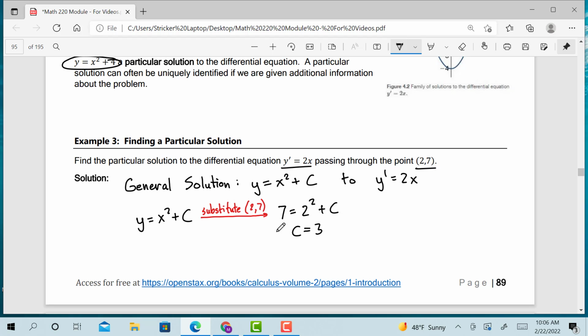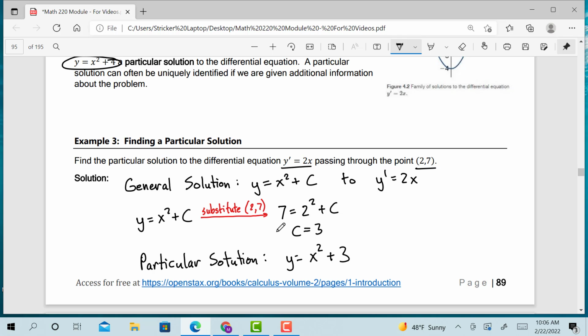So now we know the constant of our general solution that is good for the solution that passes through the point (2, 7). What we can say is the particular solution in this example is y equals x squared plus the constant we just found, 3.